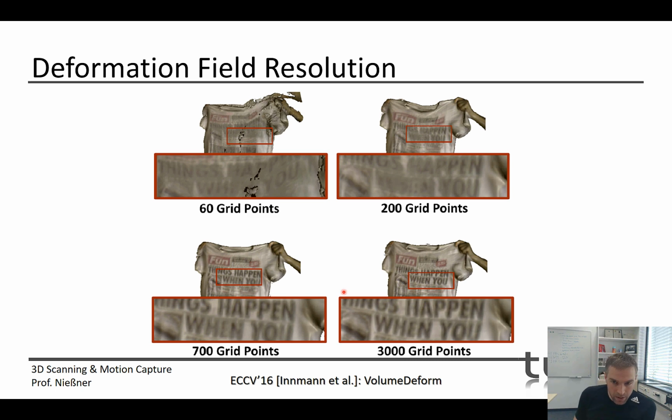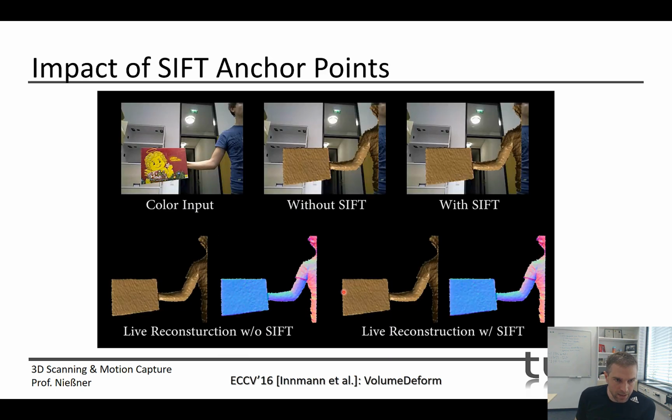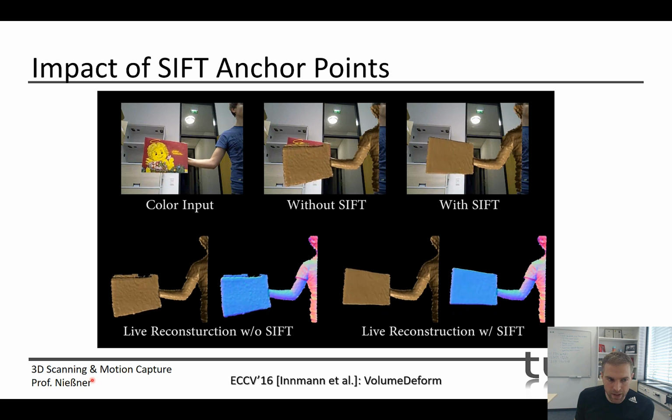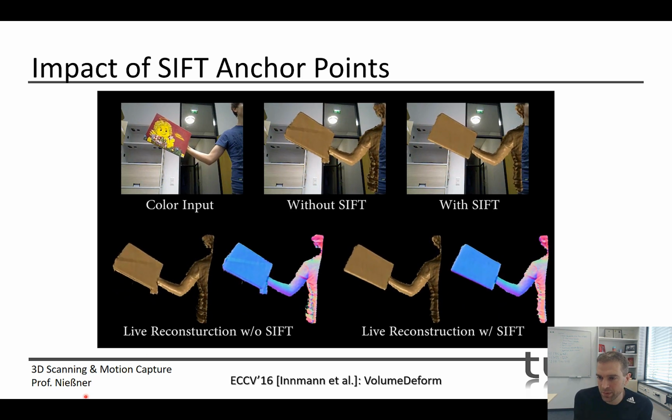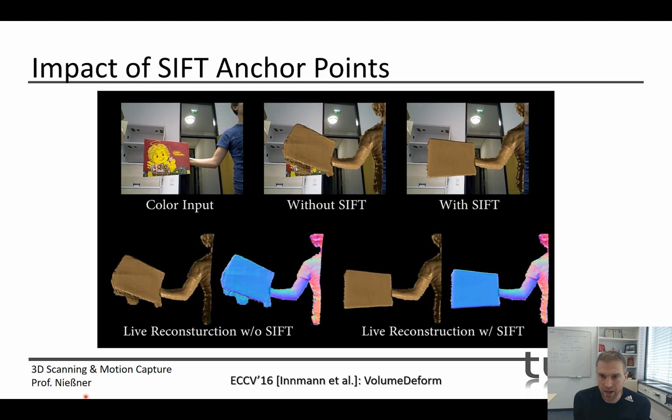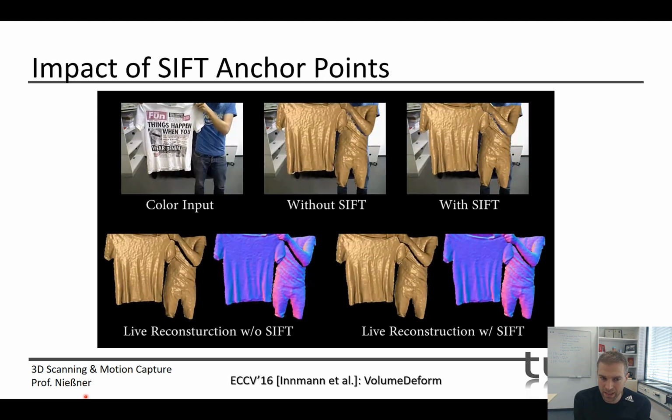Okay, there's an example actually how much these points matter. So especially when you have planar surfaces, right? You know that an ICP, generally speaking, has some trouble when you're running planar surfaces.